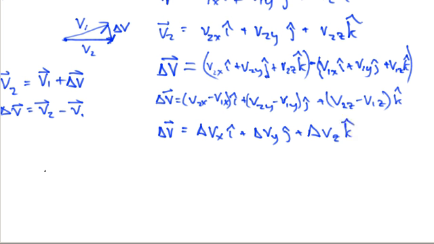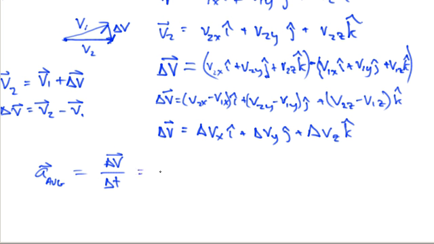And the average acceleration from time t1 to time t2 would be the change in the velocity that occurs from time t1 to time t2 divided by t2 minus t1, which I'm calling delta t.